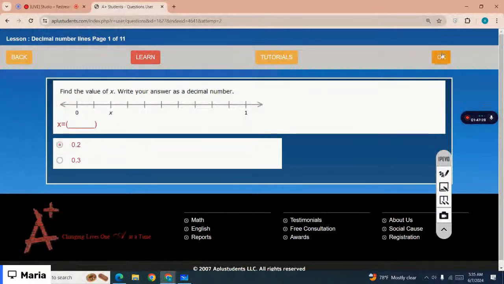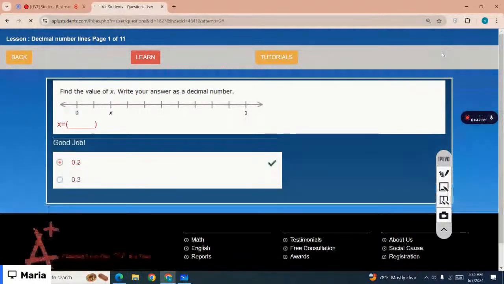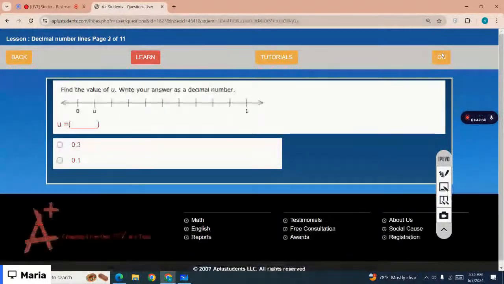Option number 1 is the correct option. Find the value of u. Yes, that is 0.1.